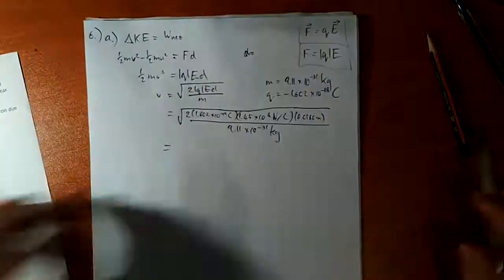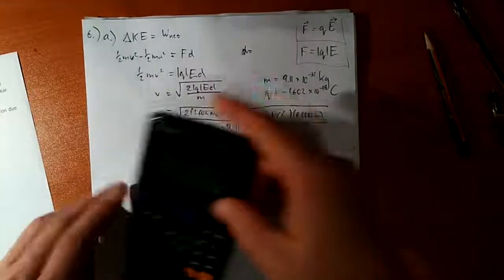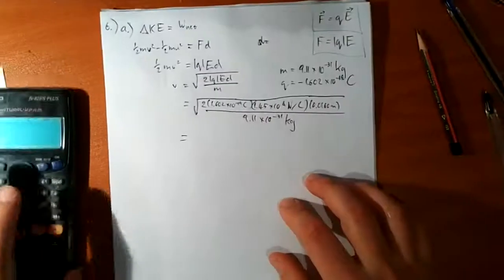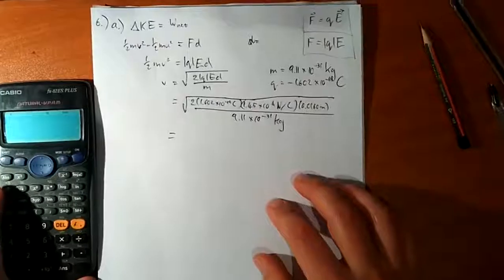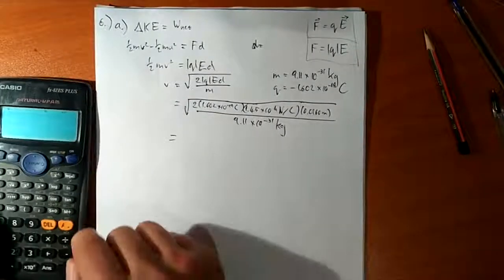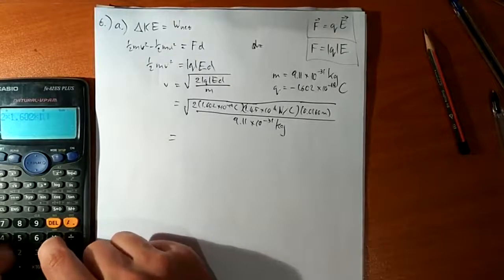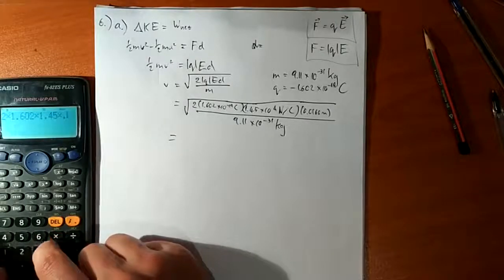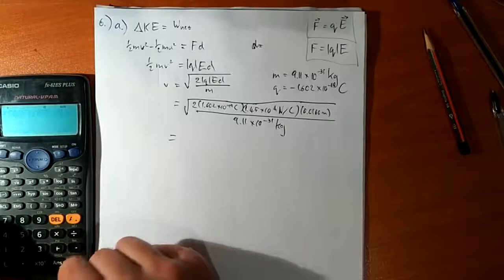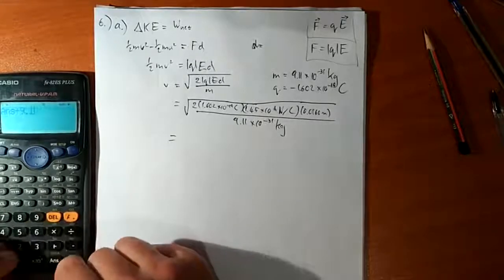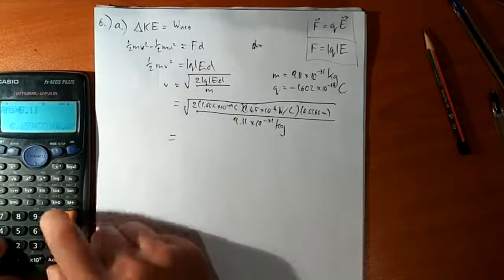Now I've got to calculate this entire thing. So this is 2 times 1.602 times 1.45 times 0.016 divided by 9.11. Times 10 to the what?